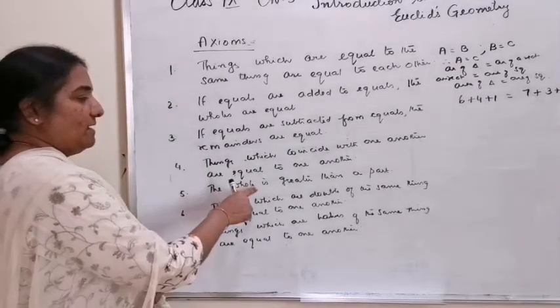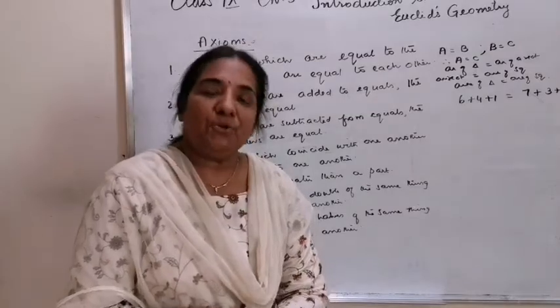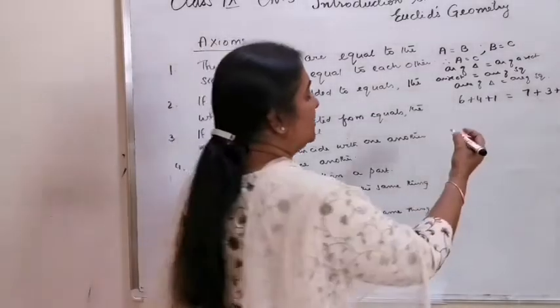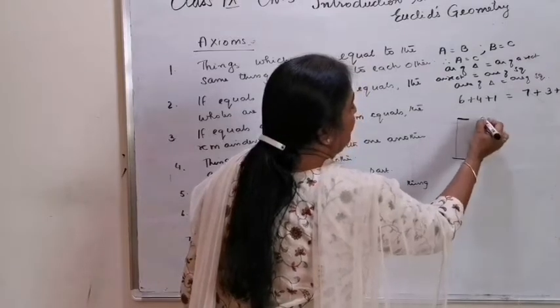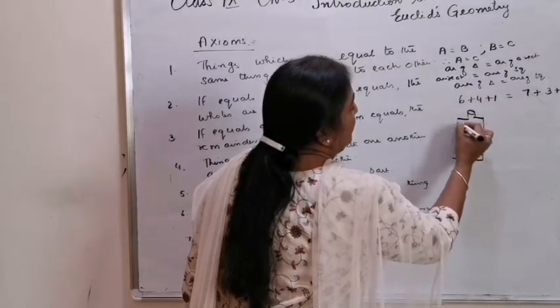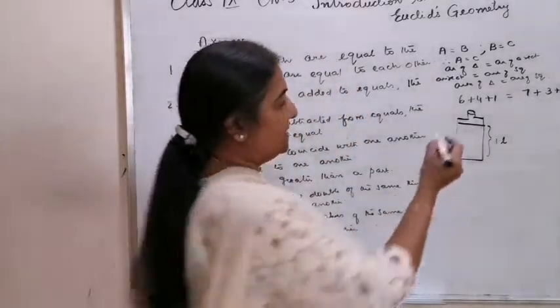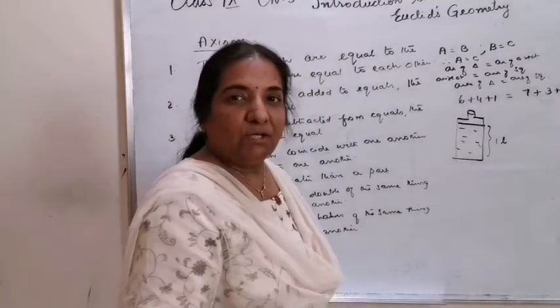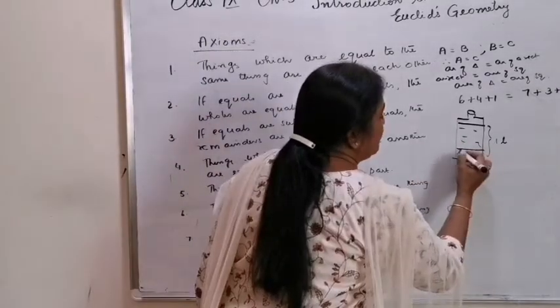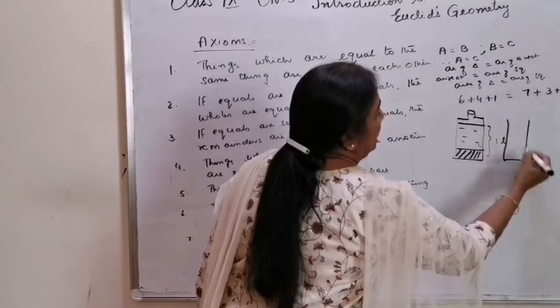The whole is greater than a part. It's very well understood. You have a 1 liter bottle filled with water up to 1 liter. You are removing a part of this water and pouring it into another bottle.